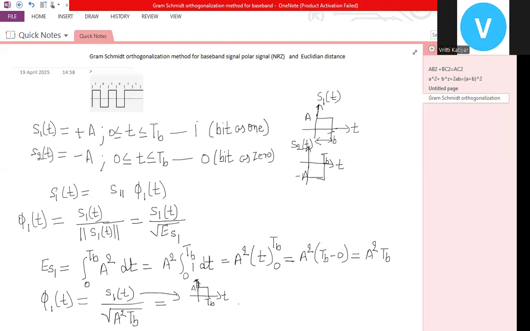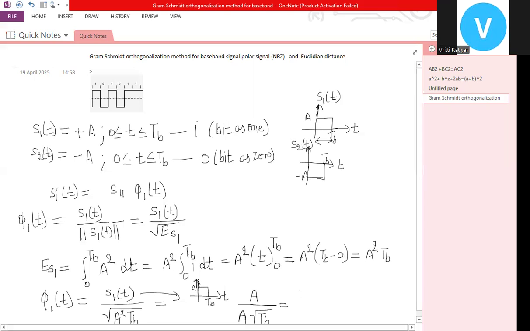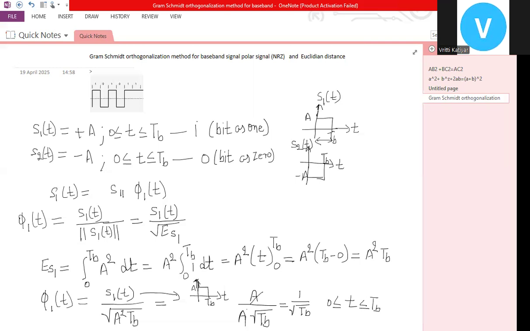So phi1(t) can be written as the magnitude A of the signal S1(t) over the square root of the energy, A squared TB, which is nothing but 1 by root TB, and it exists in the interval t greater than or equal to 0 and less than or equal to TB. The A value will get cancelled.